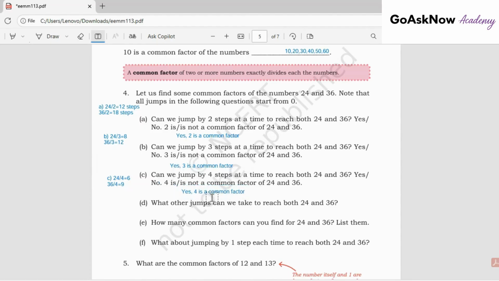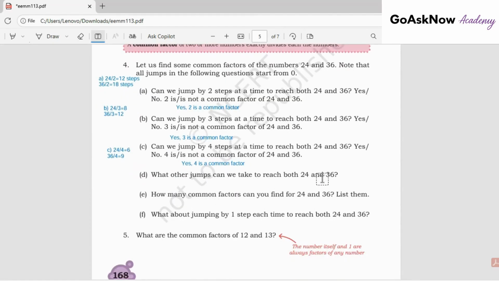Next, what other jump can we take to reach both 24 and 36? Let us calculate for D, besides 2, 3, 4, taking 6 and 12.